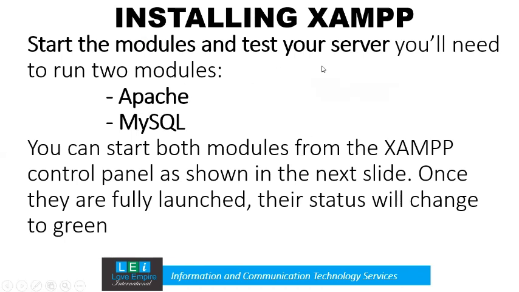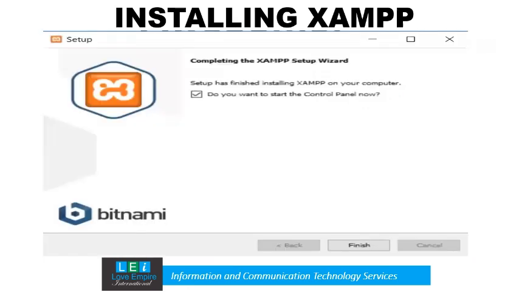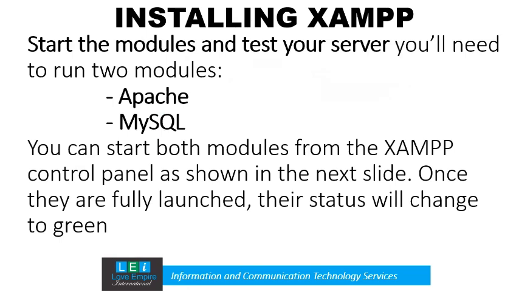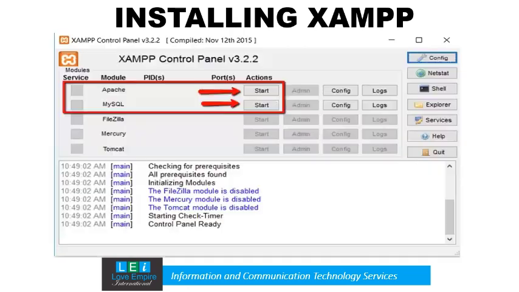When you click on finish, if you checked this box here, where it's saying, do you want to start the control panel now? If you clicked on it and you click finish, it will open another screen for you.